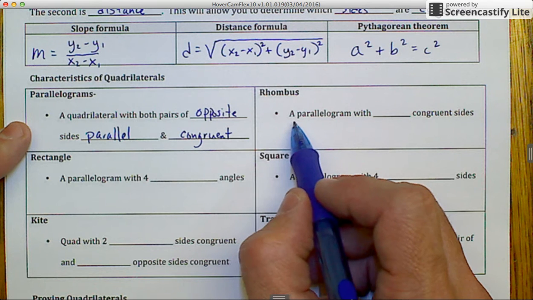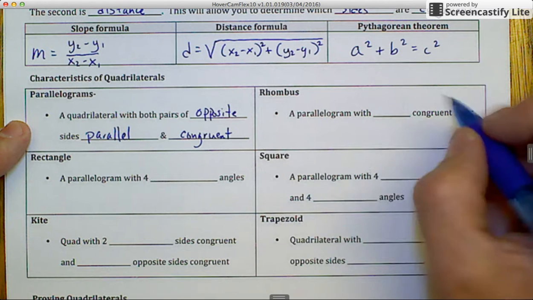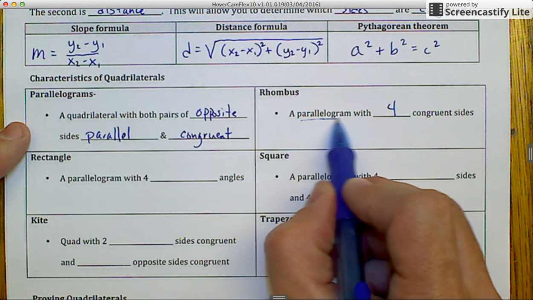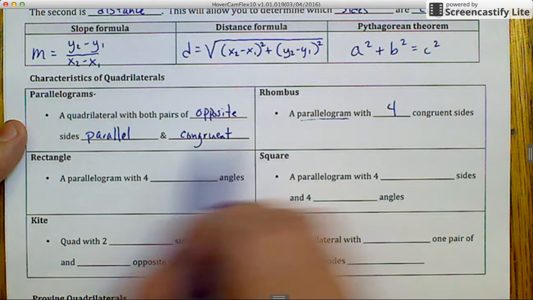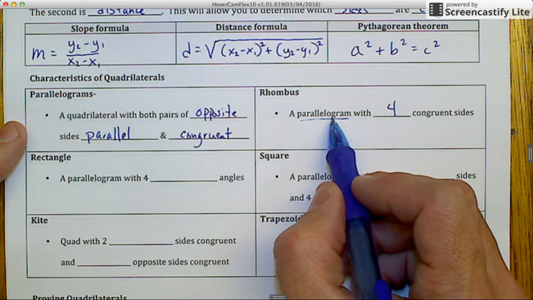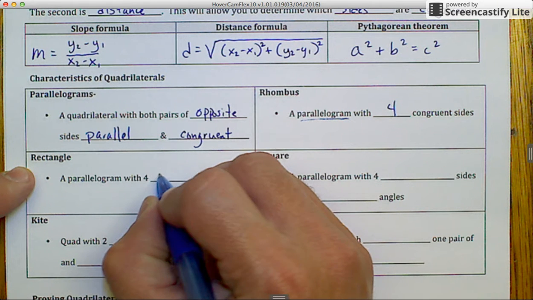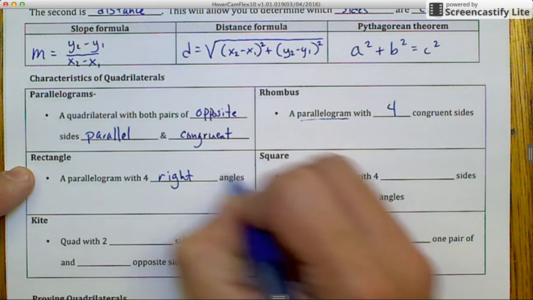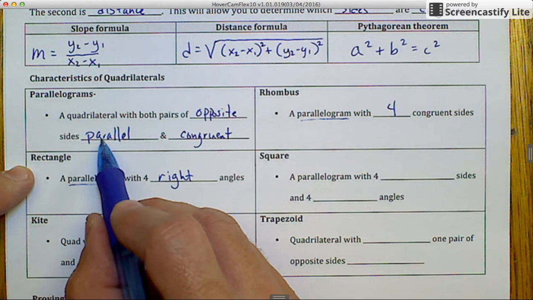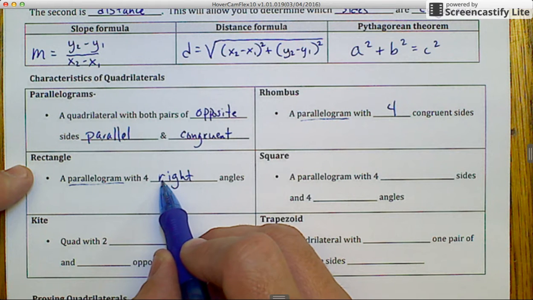A rhombus is a parallelogram, so opposite sides parallel and congruent, with 4 congruent sides. So again, since it says it's a parallelogram, these two characteristics go with it. A rectangle is a parallelogram with 4 right angles. So it's a parallelogram, so opposite sides have to be parallel, they have to be congruent, and you have to have 4 right angles.